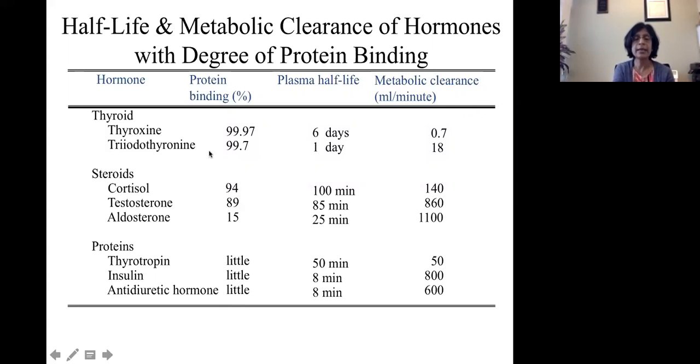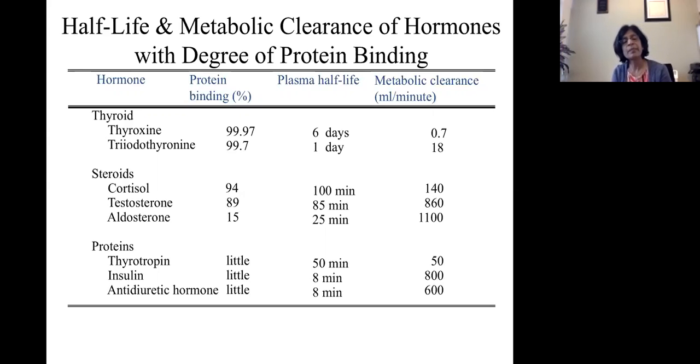Now, if you look at the carrier protein bound hormones, the half-life is days, 6 days, 1 day, or hours, or a longer period of time, like 25 minutes, 85 minutes. Whereas protein hormones could be degraded sooner. 8 minutes is how quickly some of them are inactivated.